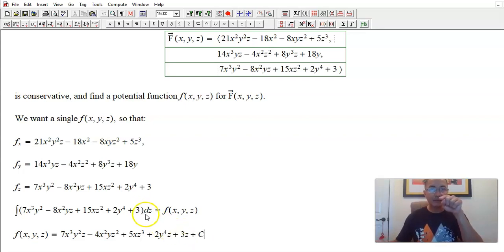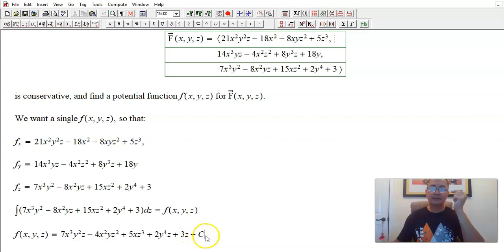But wait a minute, we have a partial antiderivative here with respect to z. So when you take the derivative of this thing with respect to z, you will get this where it came from.